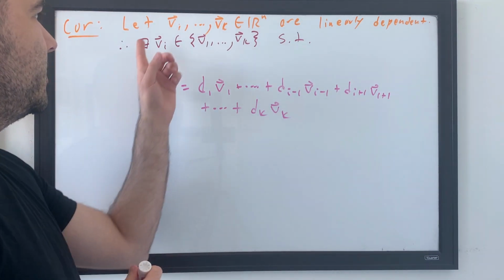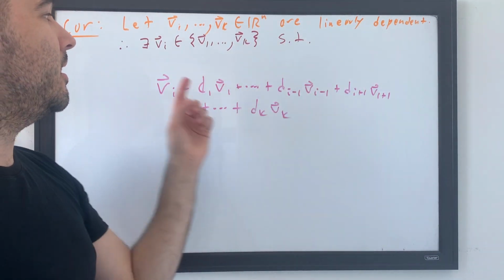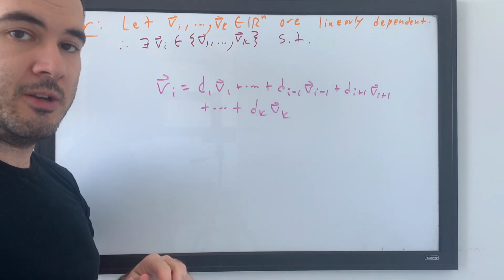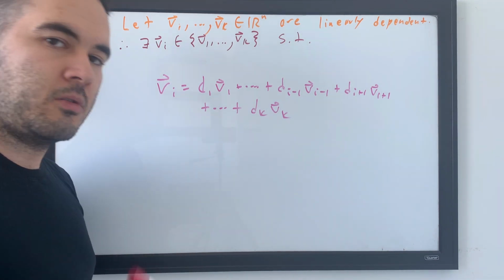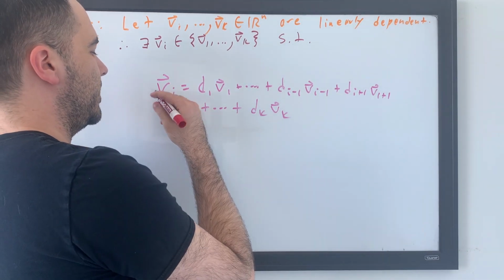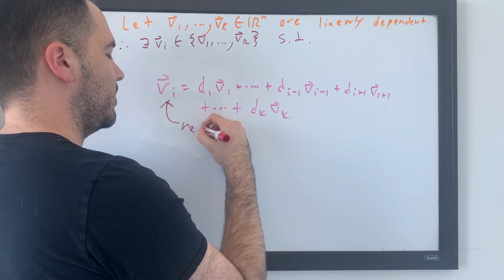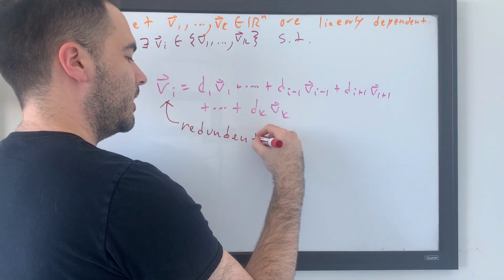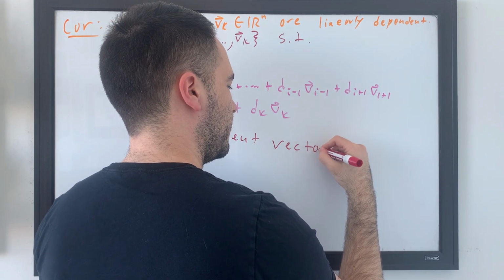So basically, if this set of vectors is linearly dependent, then one of them can be written as a linear combination of the others. One of the ways I like to think of this is that vi is technically a redundant vector.